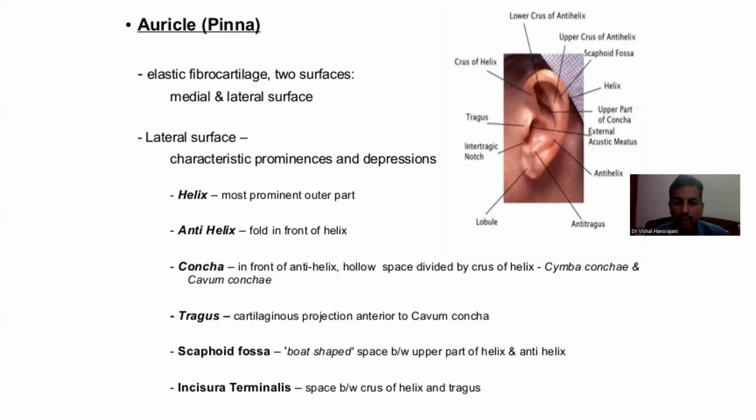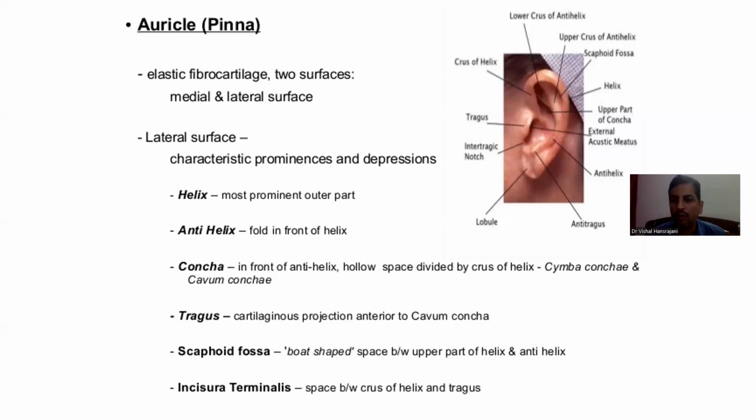Now, the incisura terminalis. This is the space between the helix and the tragus. Clinically, this incisura terminalis is very important as this site is deficient of cartilage. As we all know, the pinna is made up of a single elastic fibrocartilage.